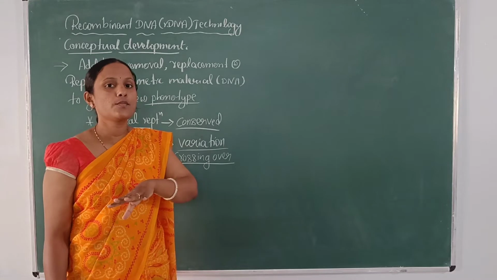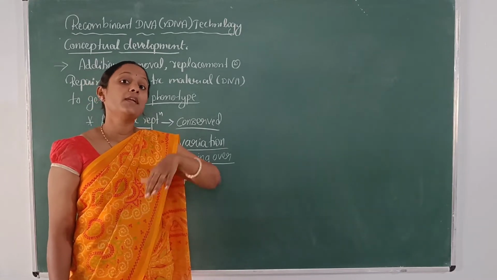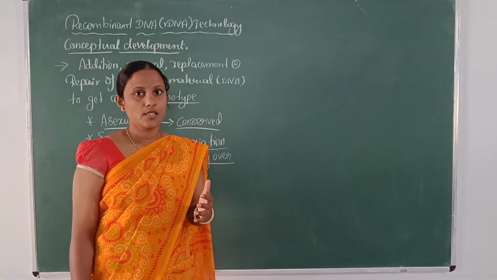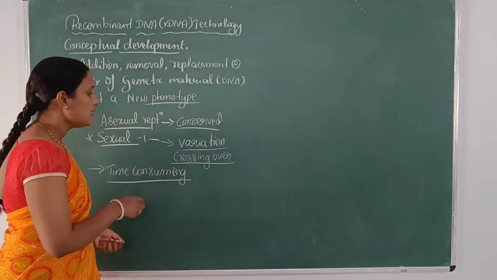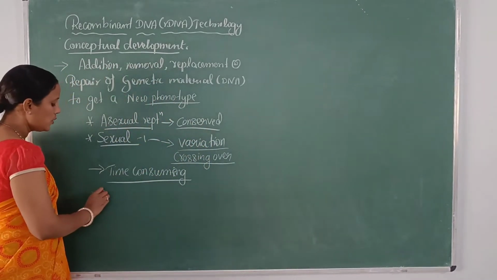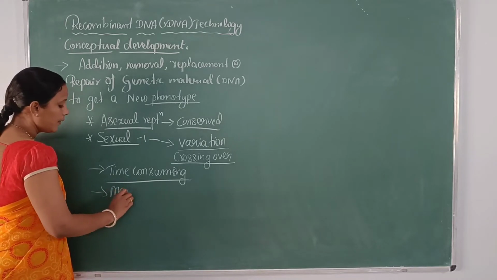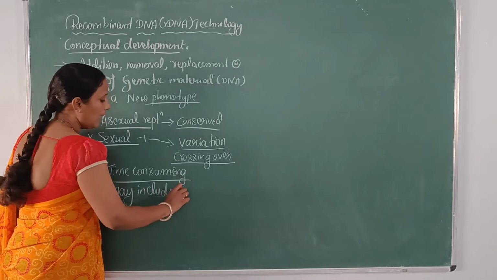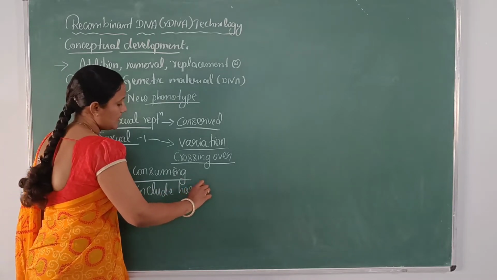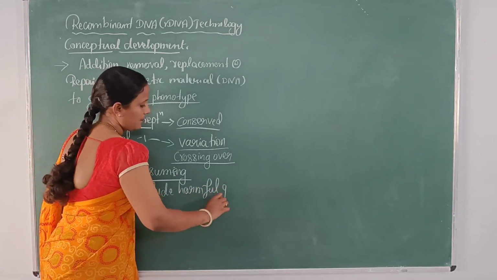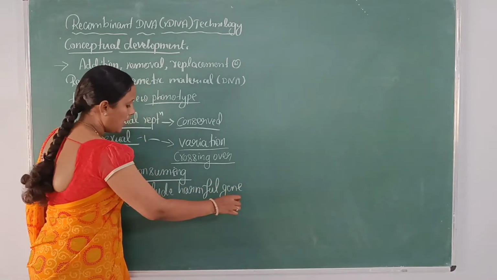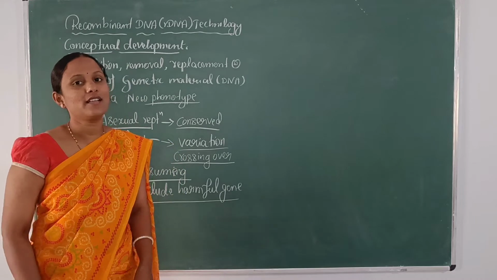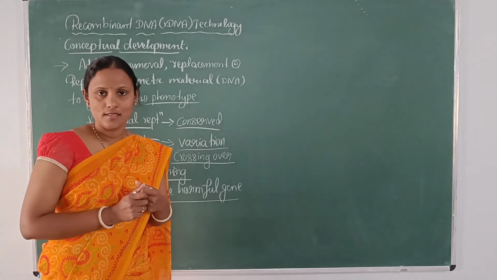After that, the organism should come. From that organism, the character should be studied. It is a time consuming process, and also this natural process may include harmful genes sometimes. Sometimes harmful genes may be expressed. Then we will not get a desired product.